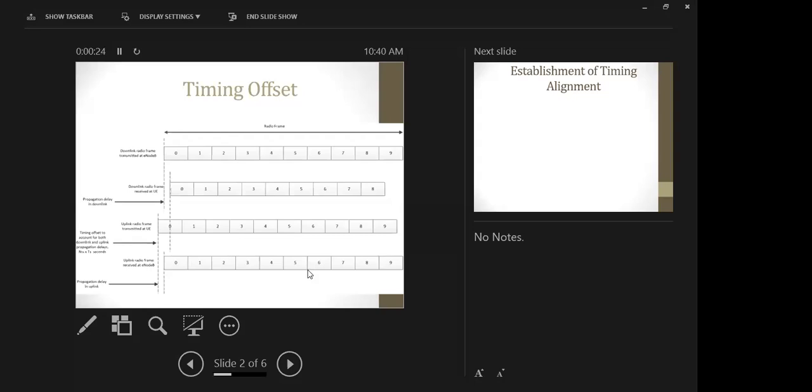So when you are sending the radio frames, let us also consider the downlink transmissions. So you have both together, downlink and uplink. Now, there will be some deliberate misalignments in these uplink and downlink transmissions because of propagation delay.